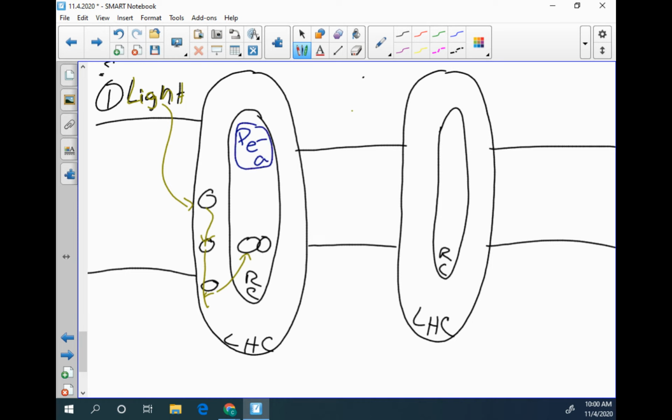Then we have our primary electron acceptor, and our chlorophyll A's are going to transfer electrons from the chlorophyll A's to the primary electron acceptor, and that is step 2. You can actually write these out if you want. I'm going to use abbreviations just for space.